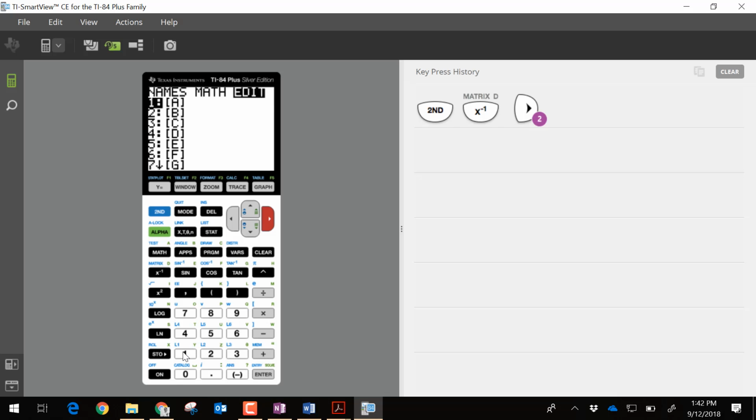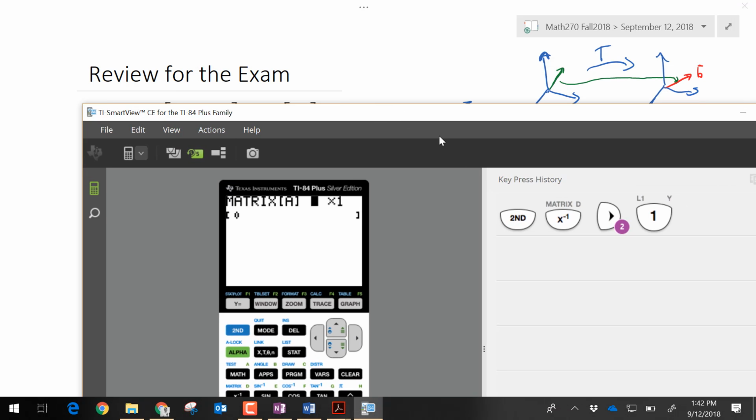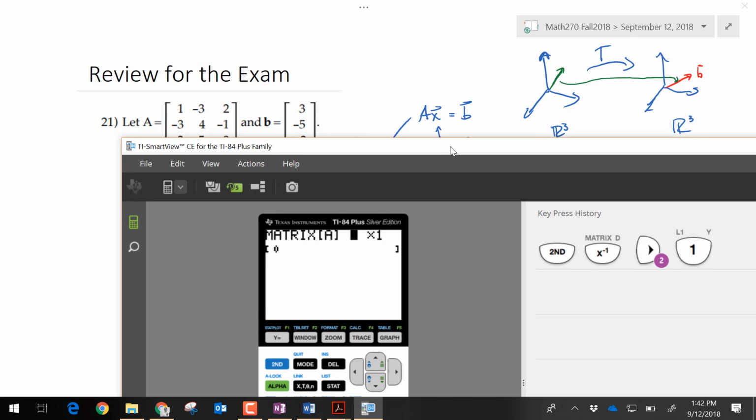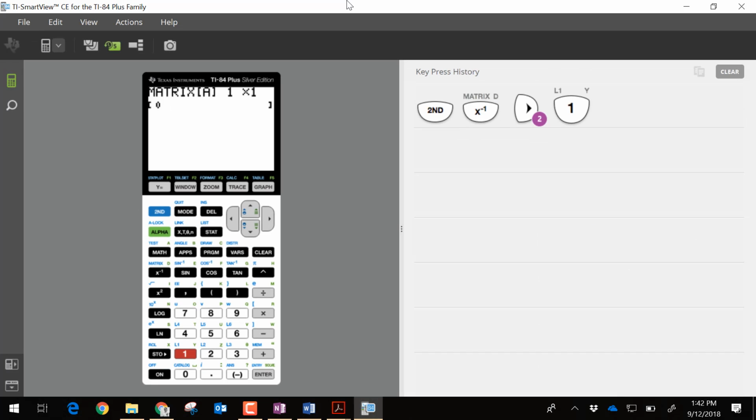So let's just click on the first one. Right now it's a 1 by 1 matrix, so we can change these numbers to change it to whatever matrix we want. And the matrix we want is a 3 by 4. 3, enter, and then 4, enter, and then you fill in the values.